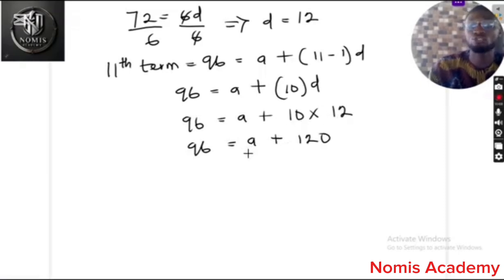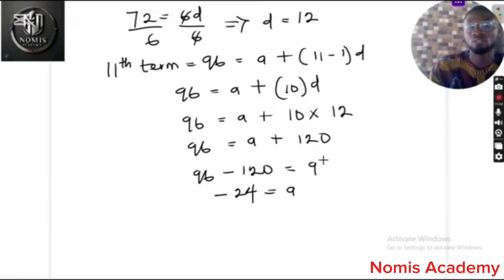So make a the subject of the formula. So that makes 96 minus 120 equals a. So 96 minus 120 will be minus 24 equals a. So whichever one you choose to find the value of a, you will definitely get minus 24.